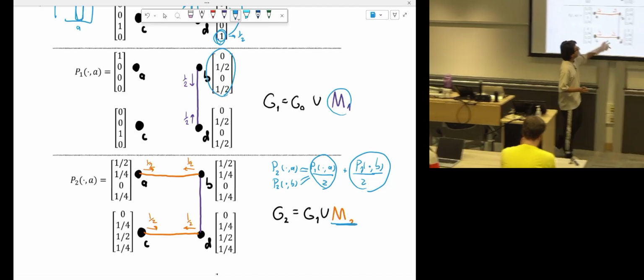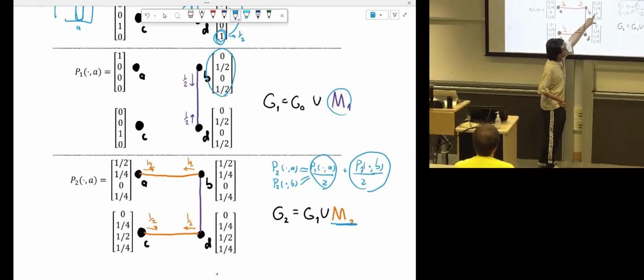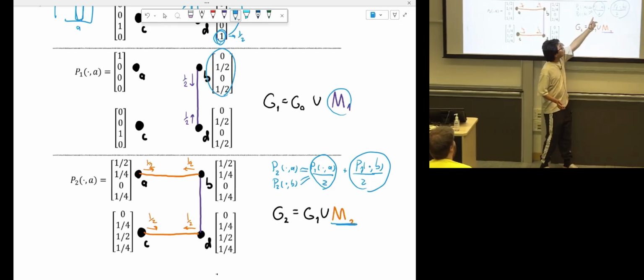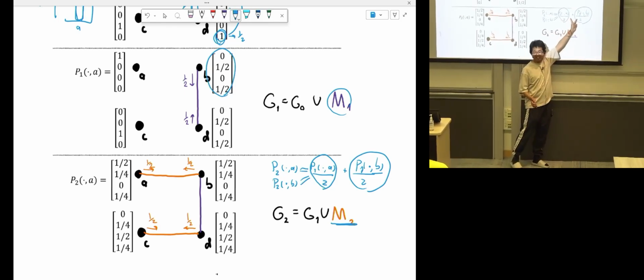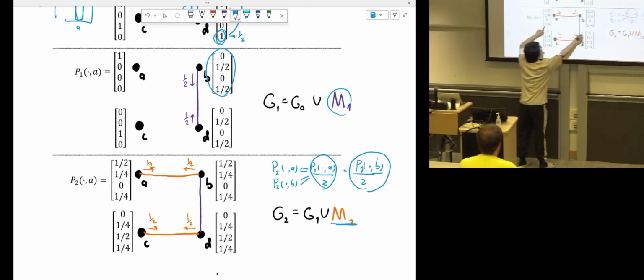What happened is really that when you look at the two vectors, you just update them by taking the average of the two vectors. So now they become the same.